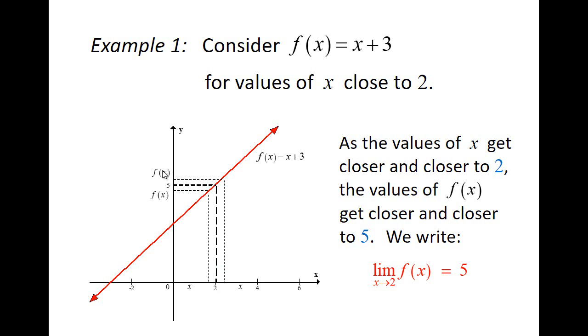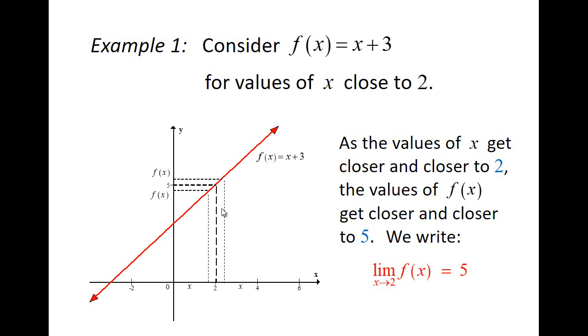In other words, I can make the value of f of x to be within any open interval centered at 5 by choosing any x in some suitable open interval centered at 2. From this picture, that's clear.